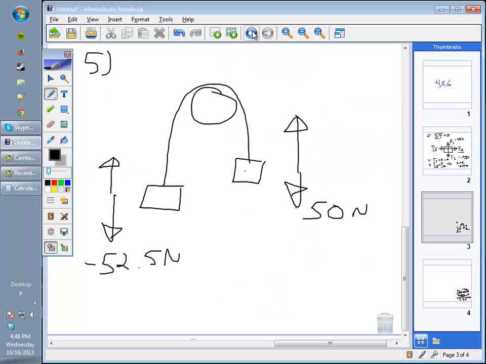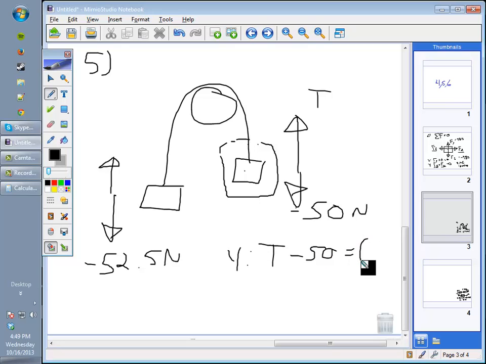Alright, so that's going to help me out, because if I go back to here, part B then says, what is the tension in the string? So I need to pick one block. It doesn't matter which. Let's pick this one. Alright, so I've got 50 newtons down, I've got some tension up. So in my y direction, I've got my tension plus my gravity adds up to my net force.